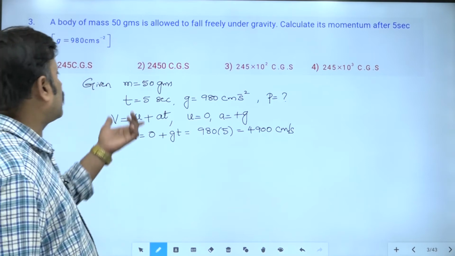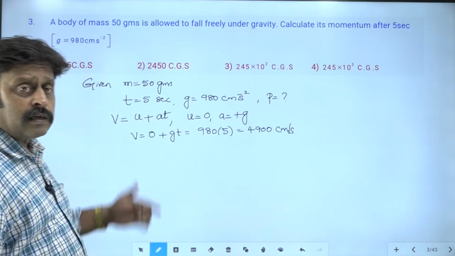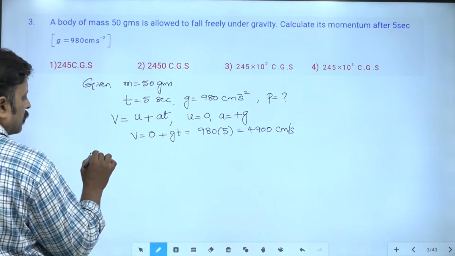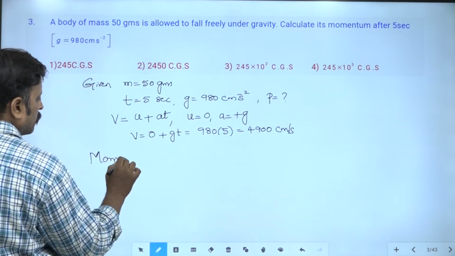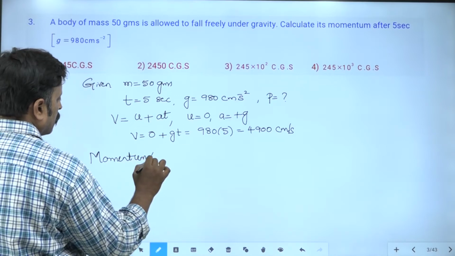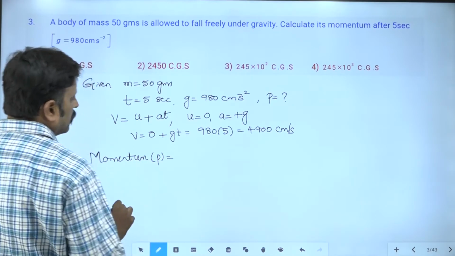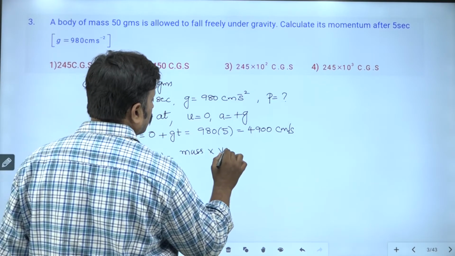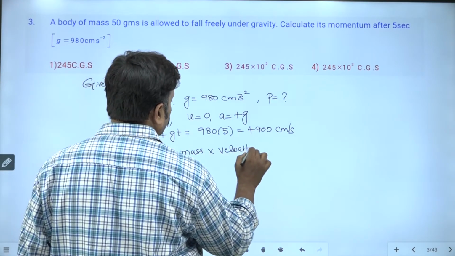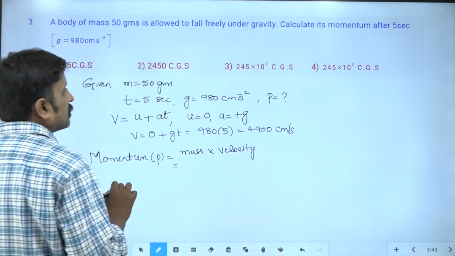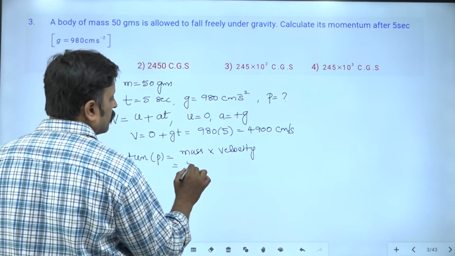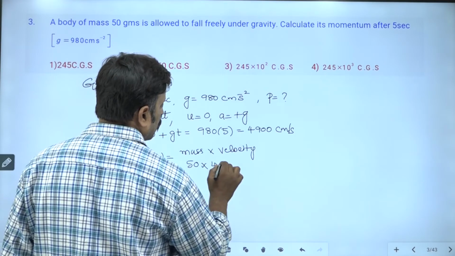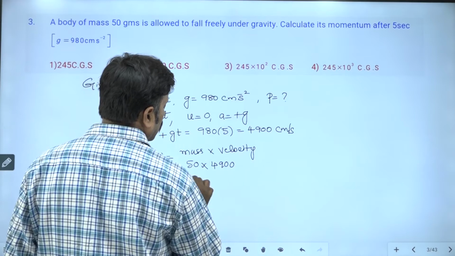As I got velocity, and as I am given the mass of the body, our required momentum can be calculated as, see here, momentum P is nothing but mass into velocity. Okay, children, what is mass of the body given? 50 grams. Multiplied by velocity, how much we got? 4,900.